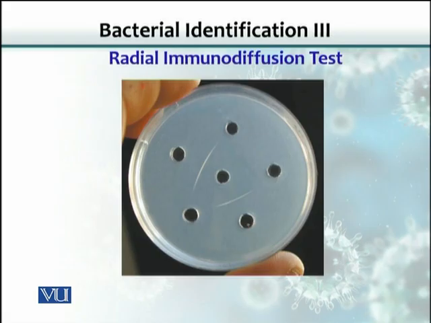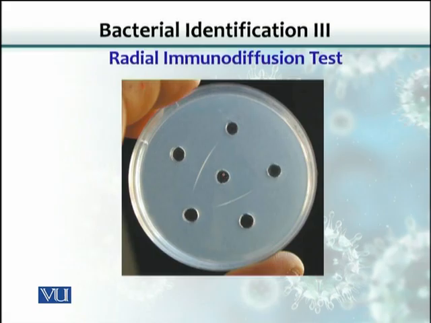This is the actual plate showing those precipitation lines. You see either the antigen or the antibodies was placed in one of these wells. Let's say here is the antibody placed, and here are different antigens in the samples. As you can see, this sample and this sample are positive.